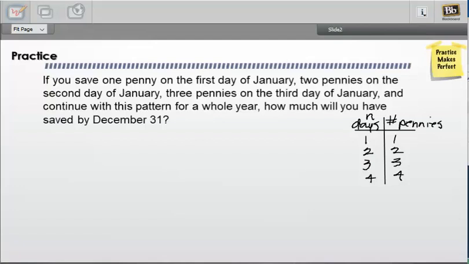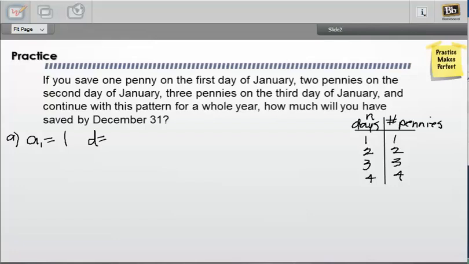So the first part, I'm just going to write part A because I'm doing this exactly like I did the previous problem. You've got to figure out that recursive formula first. And to do that, what is my first term? It's 1. D, I'm writing that little d for the difference.